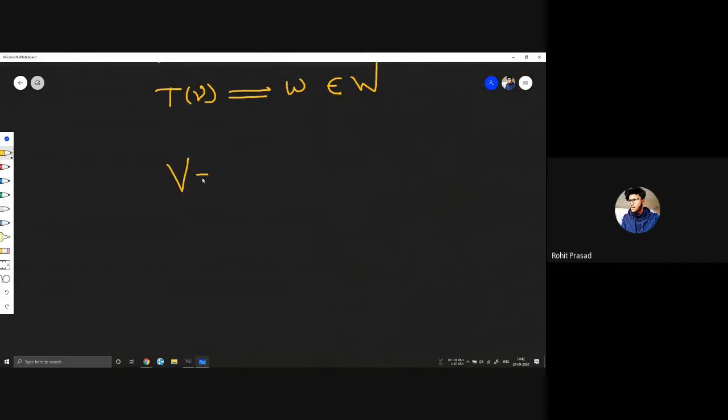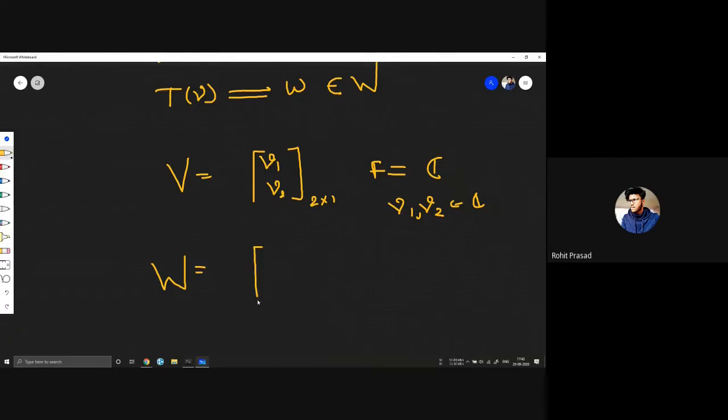I will take V as a 2 cross 1 matrix, V1 and V2, with the field of complex numbers. So V1, V2 also belong to the complex numbers, and your W can be a vector space W1, W2, W3.